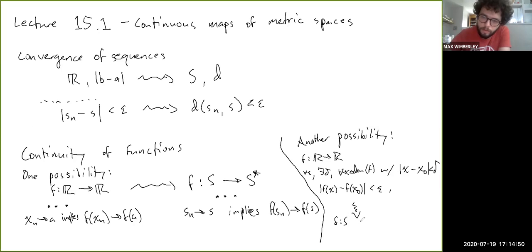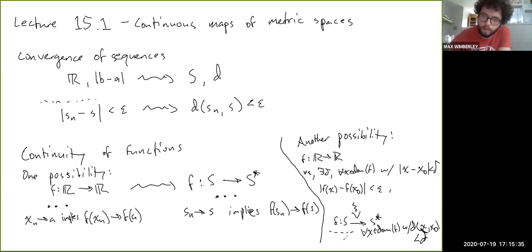So we can take this situation and we would say for all epsilon, there exists a delta, et cetera, such that for all x in the domain of f, which is now a subset of S, instead of this condition, we'll have d of x, x naught less than delta.